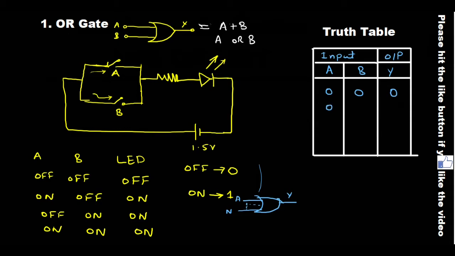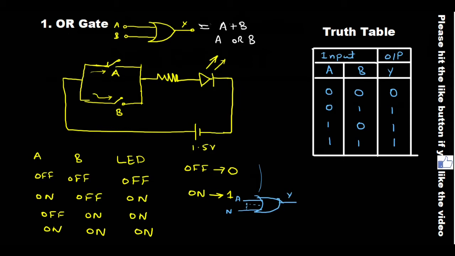Then B switch was on, output was 1. Again, if any of these switches is on, output is going to be 1. Then both the switches are on also, we have got the output 1. This is known as the truth table. In the table we write what is the input, what is the output. So I hope you understood the basic concept of OR gate. Here switches are connected in parallel.